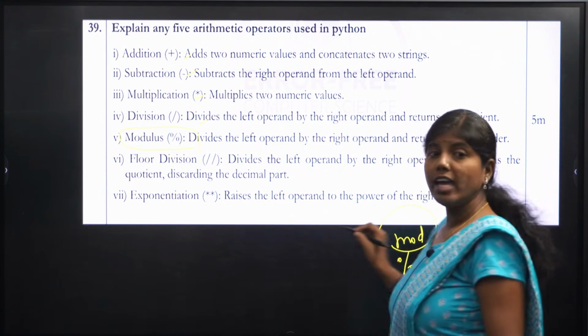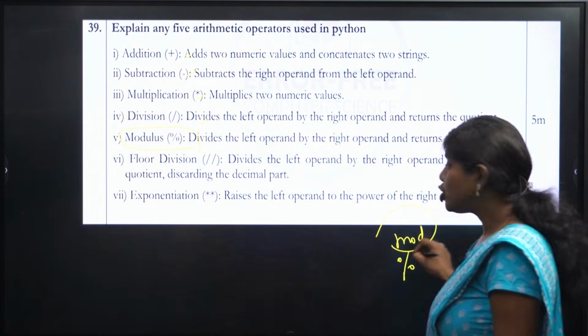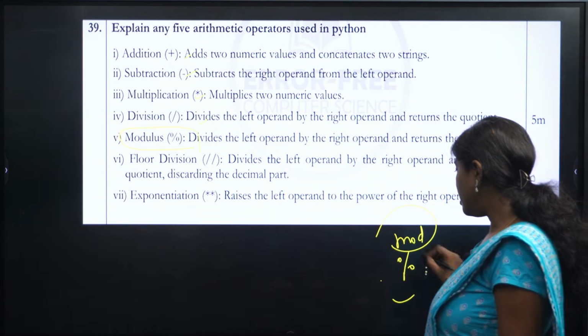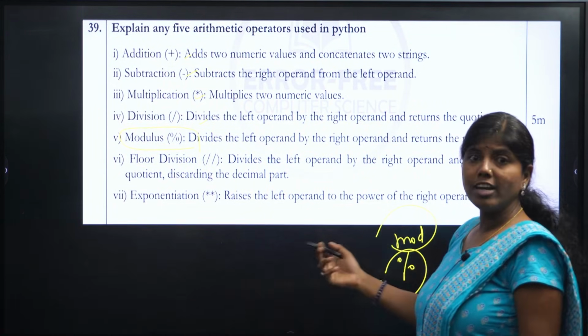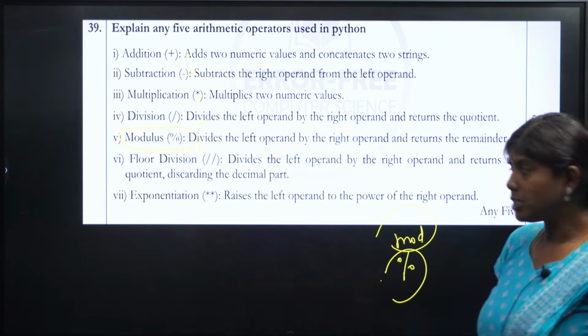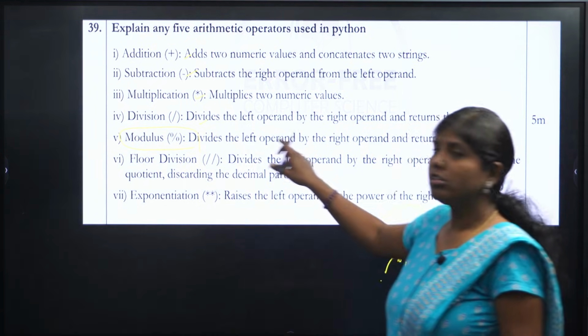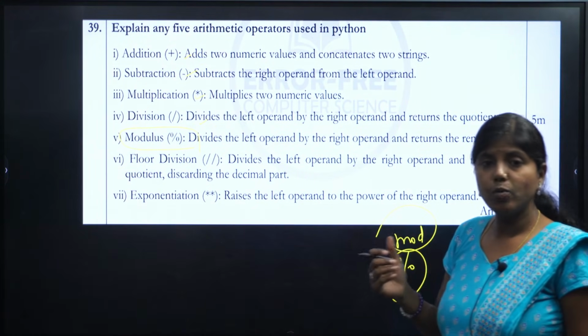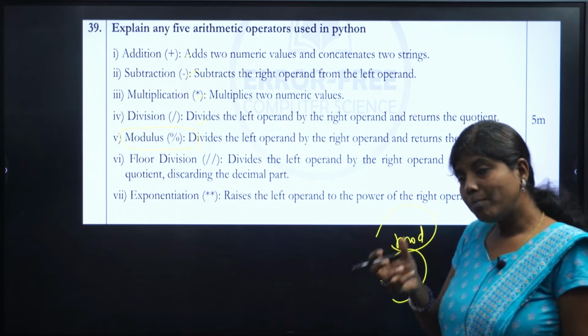This is okay for the algorithm, and this should be there in the program. In the algorithm also, we write this percentage, that will be better. You should not call it percentage, you should call it modulus here. That's going to give you the remainder.